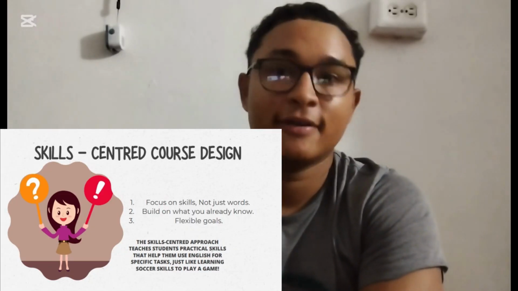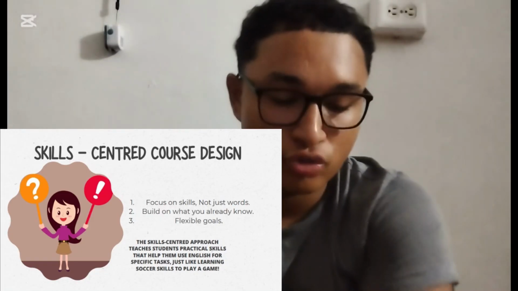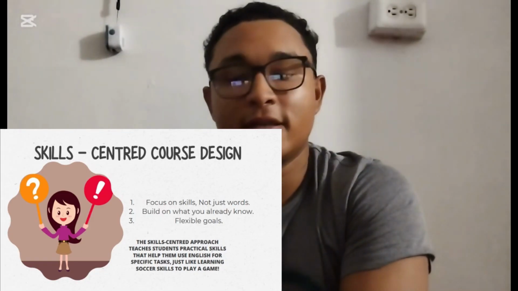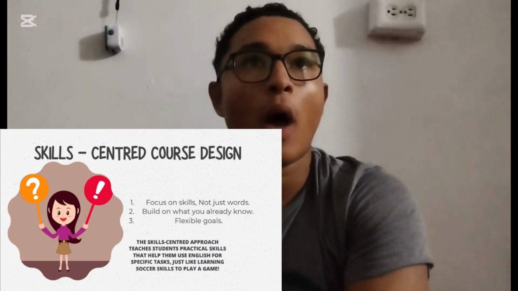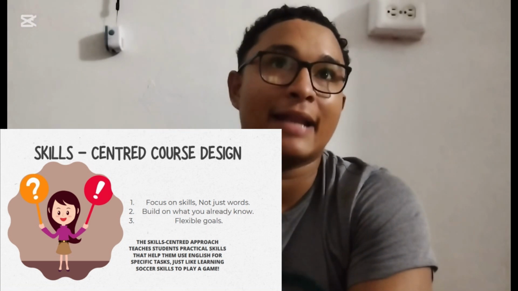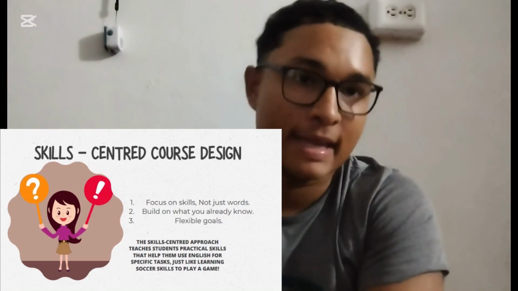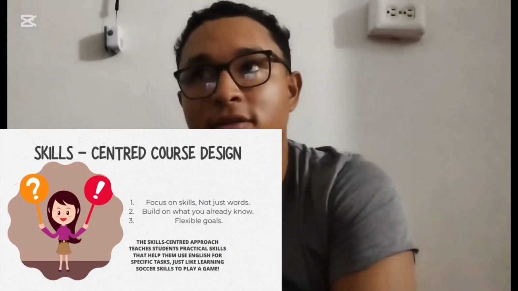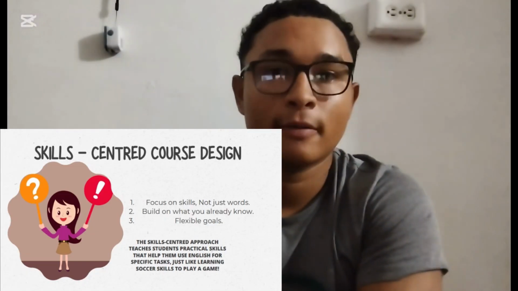The second one is build on what you already know. This approach pays attention to what the students can already do instead of what they don't know. Basically, if a student is good at picking out information from a text.